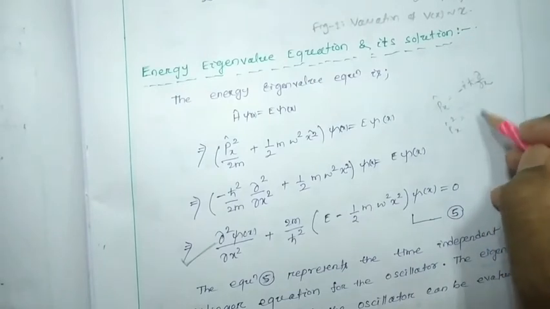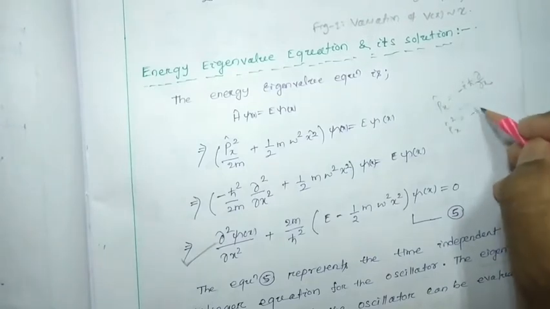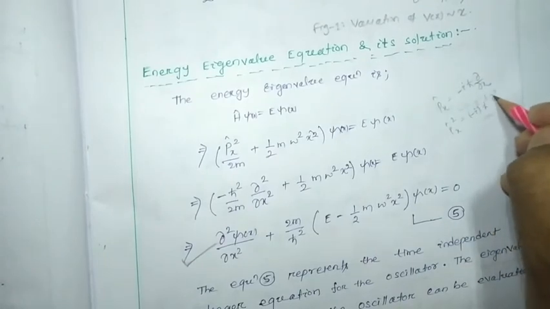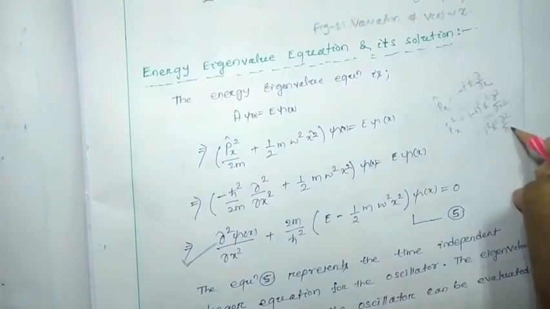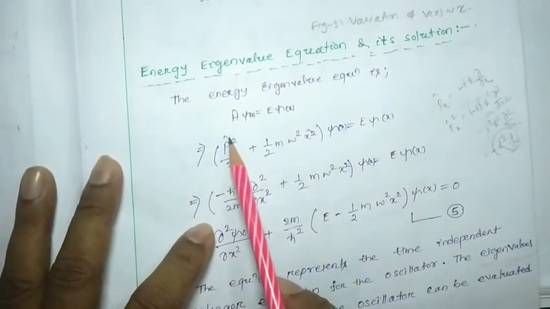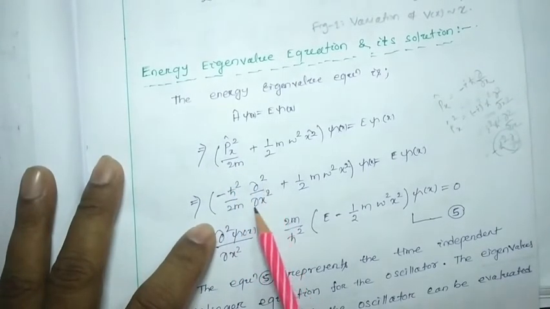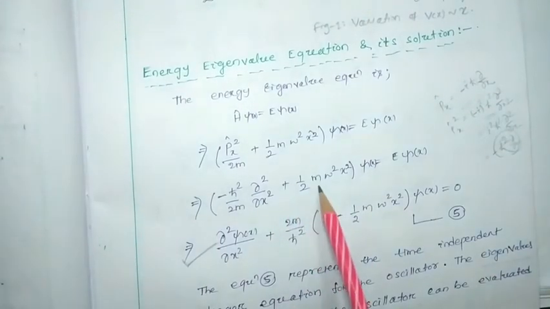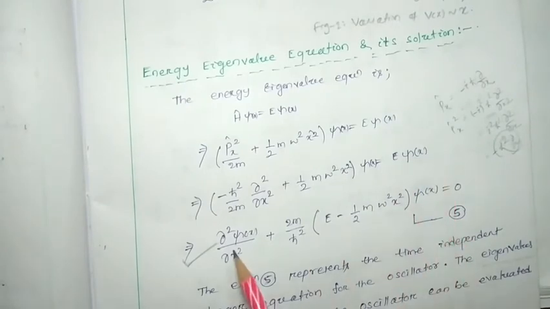This will be minus i square h cross square del square by del x square, so it will be minus h cross square del square by del x square, that we know. So px cap square by 2m becomes minus h cross square by 2m del square psi by del x square, plus half m omega square x square psi x is equal to E psi x, okay.